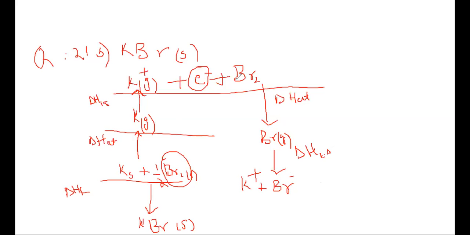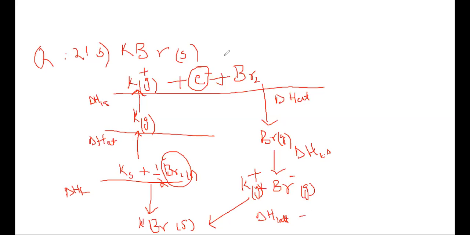That one electron will be accepted by this bromine atom, and it will be Br minus. Now both of the gaseous ions will form solid KBr. The enthalpy change for this reaction is called lattice energy, the enthalpy change for the lattice formation.